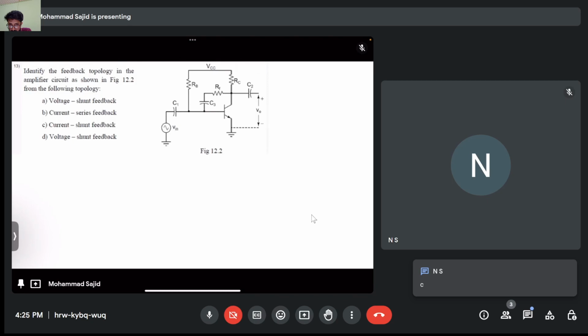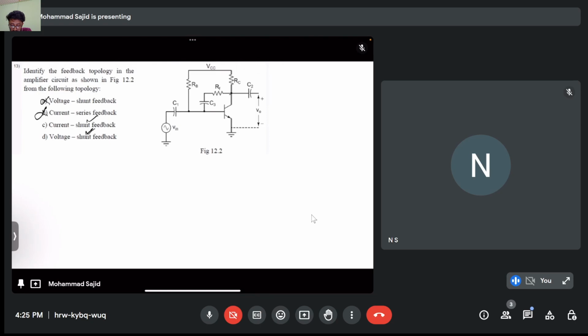Current shunt. No. If it was current, it would have been in series. Shunt, the second part, is correct. So these options are out. Now you have two options. Shunt is correct.